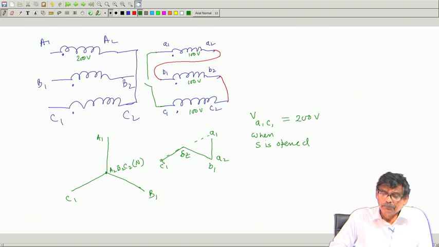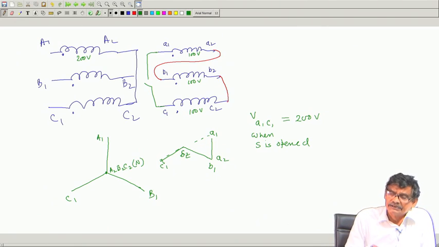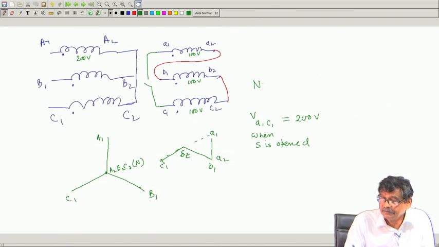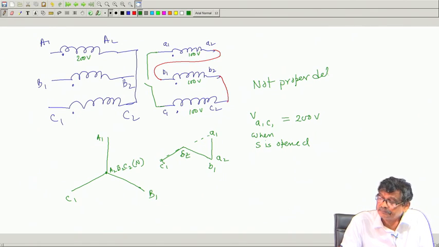Therefore, a proper delta connection is either this way or the other way. So, this is not a proper delta connection, never do it.